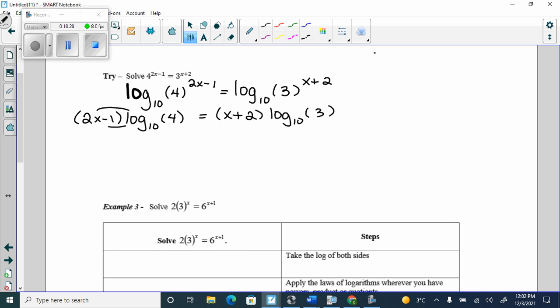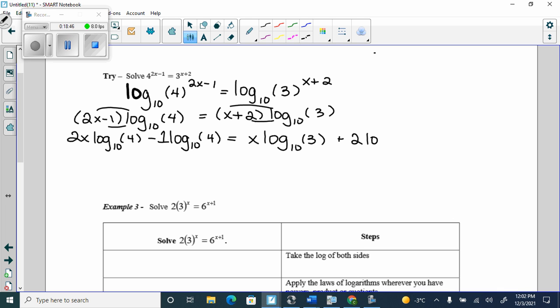Don't forget to distribute. Then we distribute, boom, boom. So we get 2x log base 10 of 4 minus 1 log base 10 of 4, equals x log base 10 of 3 plus 2 log base 10 of 3.